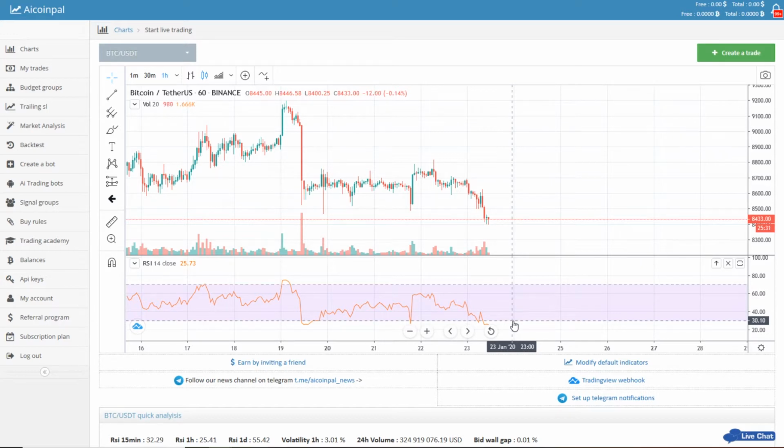Everything below 30 is understood as oversold, or in my case, I will call it price being relatively low. In most trading strategies, people tend to buy low and sell high. So this indicator can absolutely help you understand whether the price is relatively high or relatively low. Now let's look at a couple of positions.